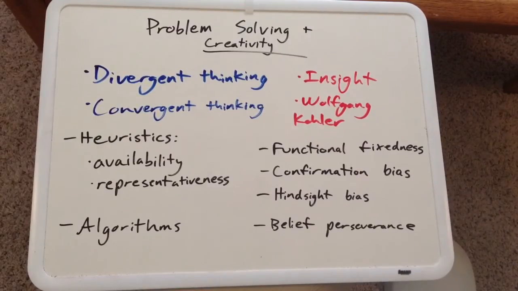So we selectively ignore information that goes against what we think. So that can also be dangerous. Hindsight bias is kind of self-explanatory. That's just a bias where you look at the past and you say, oh, hey, I could have known that, or oh, that was so easy, why didn't he do that?